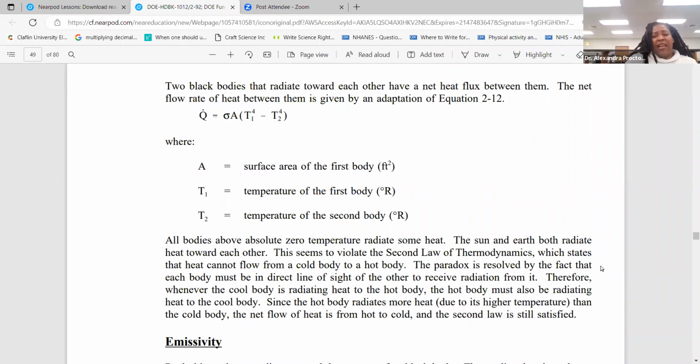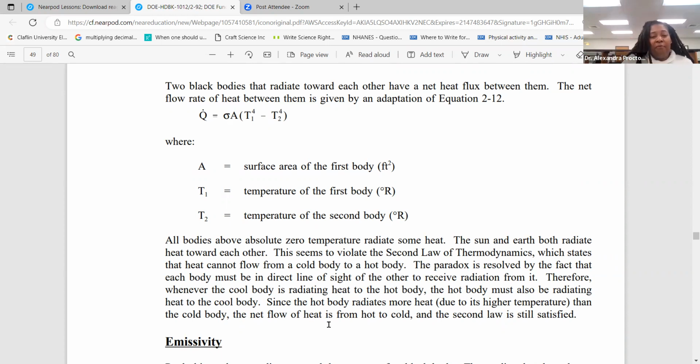And this seems to violate the second law of thermodynamics, which says that heat cannot flow from a cold body to a hot body. This is resolved by the fact that each body must be in the direct line of sight of the other to receive radiation from it. Therefore, whenever a cool body is radiating heat to a hot body, the hot body is also radiating heat to the cool body.